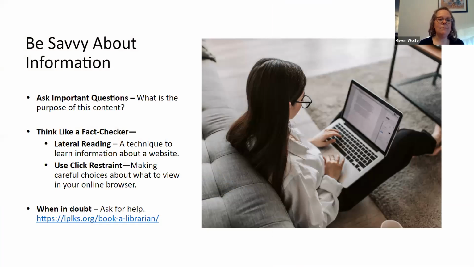So it's really important that we be good consumers of information. And now more than ever, there's so much information available and there's so much misinformation. There's a lot of people who create web content and publish it, and it's not reviewed, it's not peer edited, and some of it's just really made up.